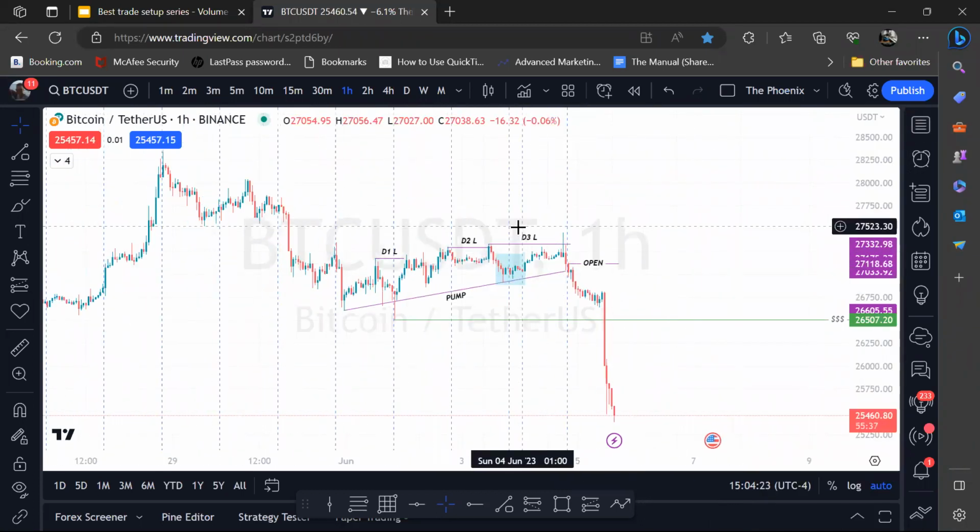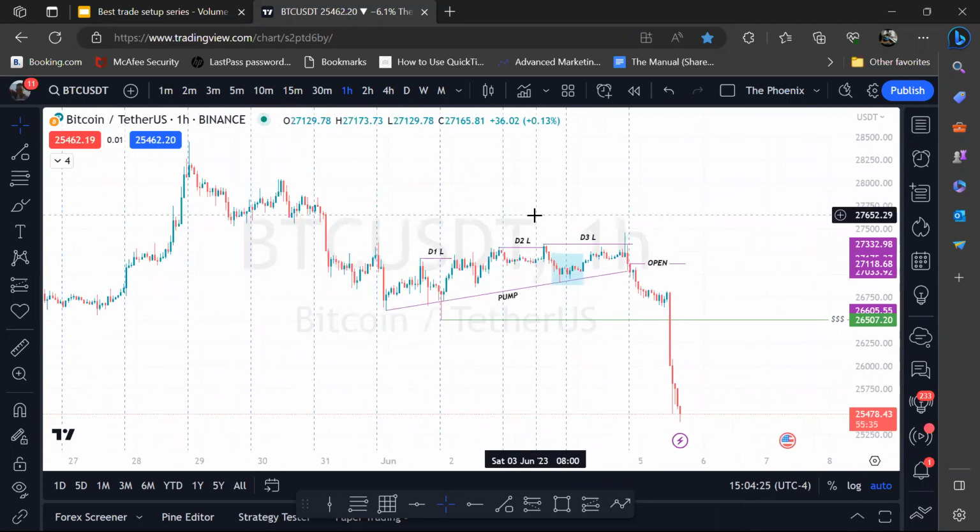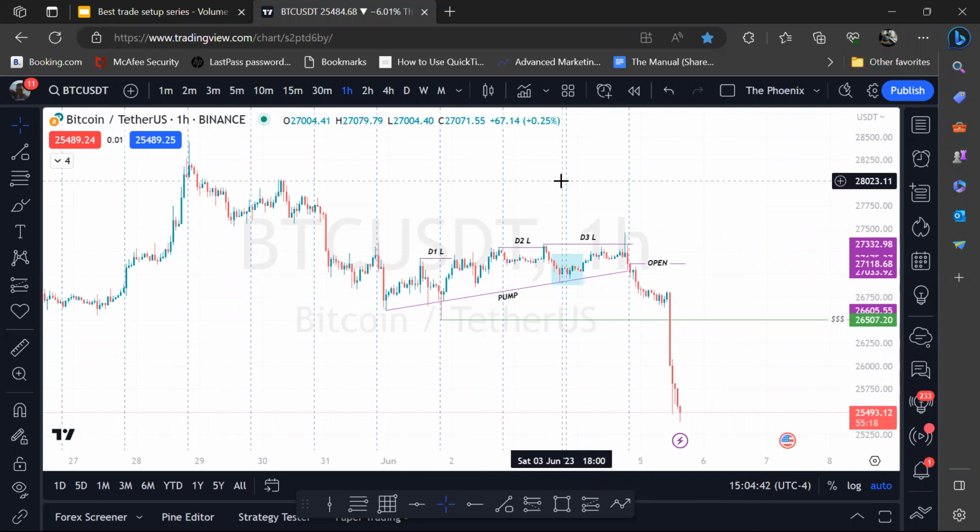All right, so let me start with this one. In the Facebook group that we have, a trader was looking at Bitcoin Tether as a possible instrument to trade today, and he had thrown a question in the group.